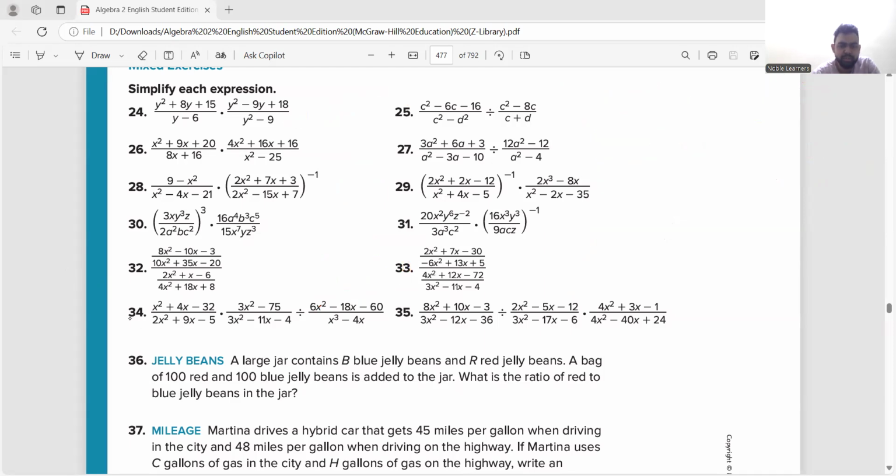Can you try this one by yourself in the easiest way you could do? Which one? 34. If you can tell me everything, I would be writing. So we have to factor the first one, minus 32, and then 4.